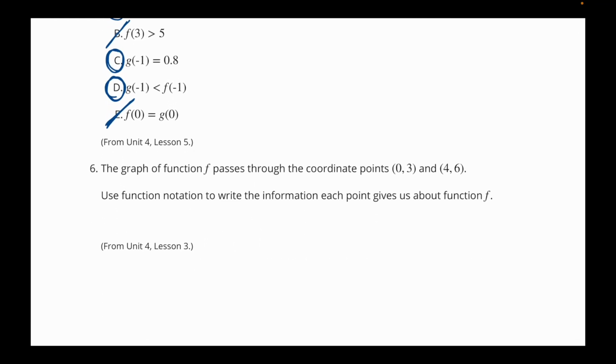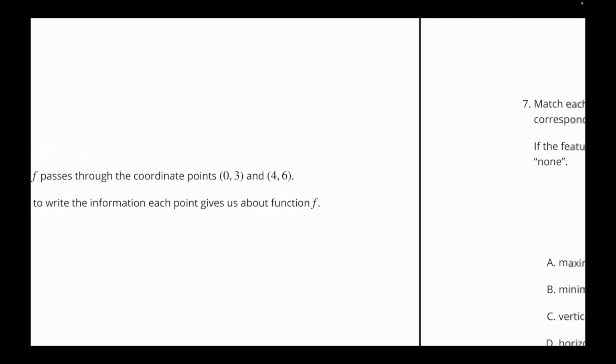For question 6, we have the graph of a function passing through coordinate points 0, 3 and 4, 6. So we want to use function notation to write that information that it gives us about function f. Well, what does it tell us about this function? Actually, is there more on here?